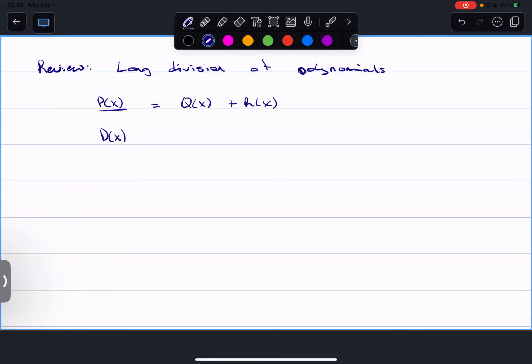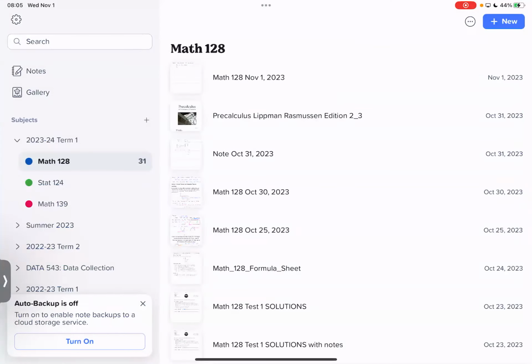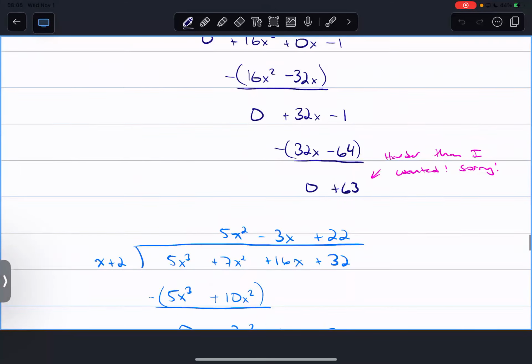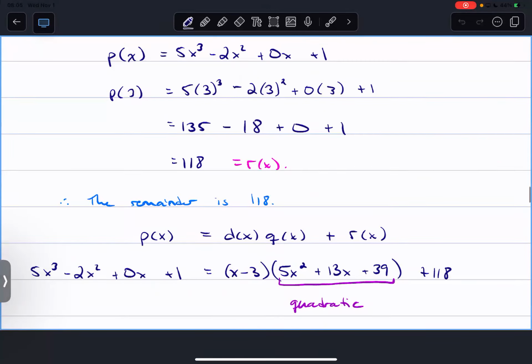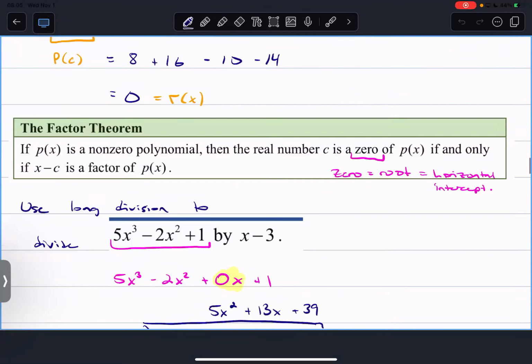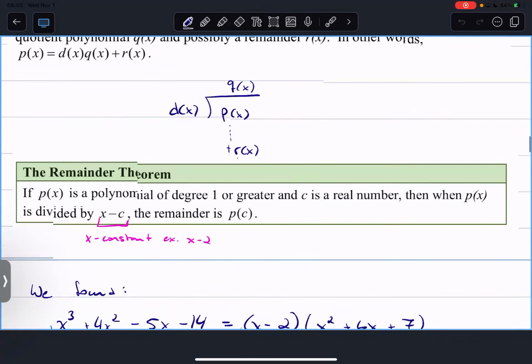Pretty sure. Can never remember the order. I know the remainder is r of x.